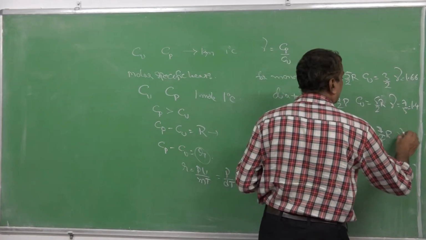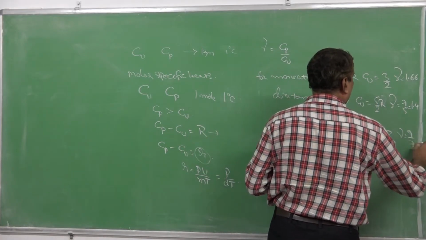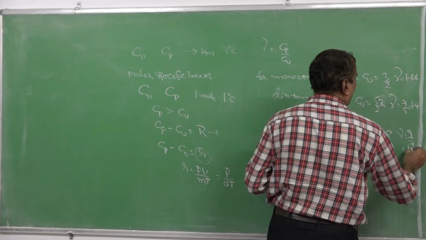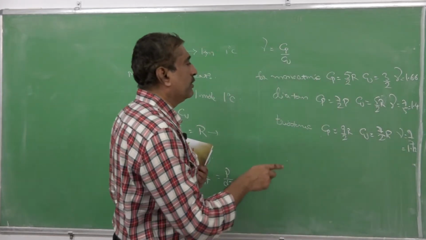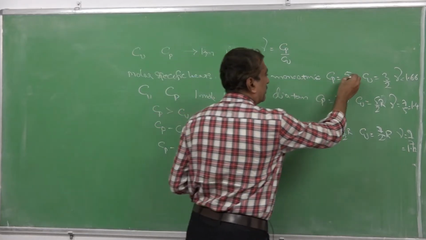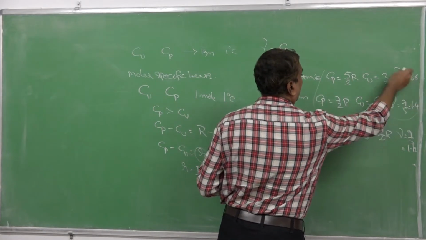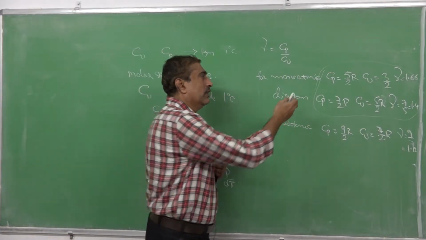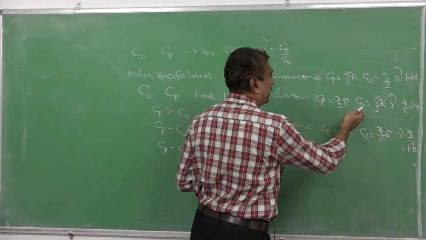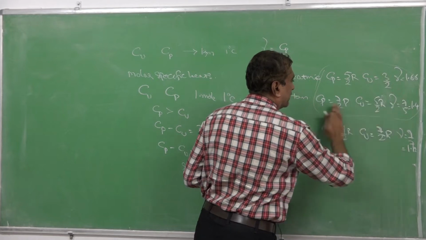And gamma is 9 by 7, that is approximately 1.14. Okay, you have to remember these values actually. For most of the problems we come across monatomic and diatomic gases, so you remember these quantities.